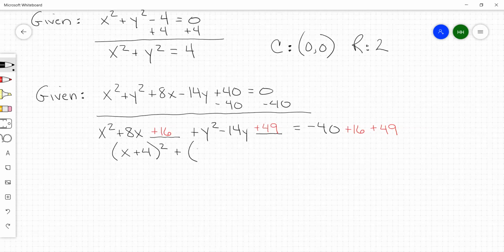Half of negative 14, that was the y minus 7 that you squared. And then we got negative 40 plus a 16 plus a 49. So that's 25. So your center, negative 4 and positive 7. Your radius is 5. Very good.